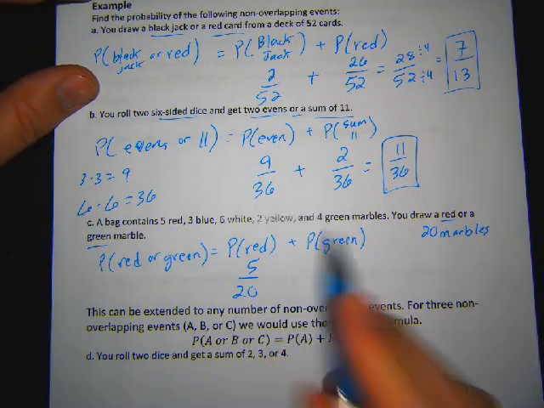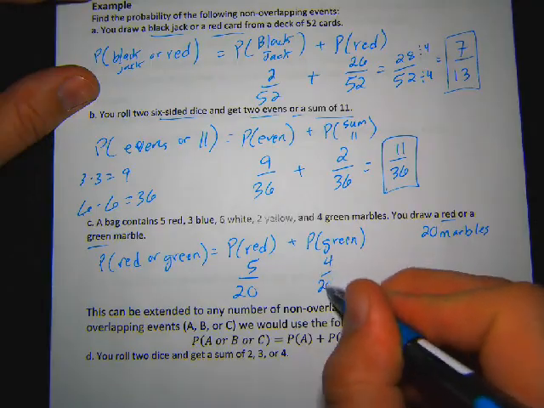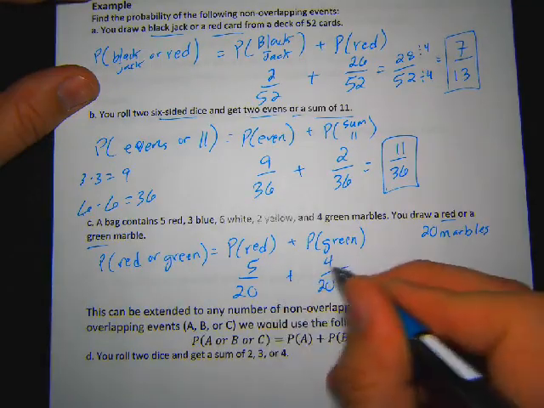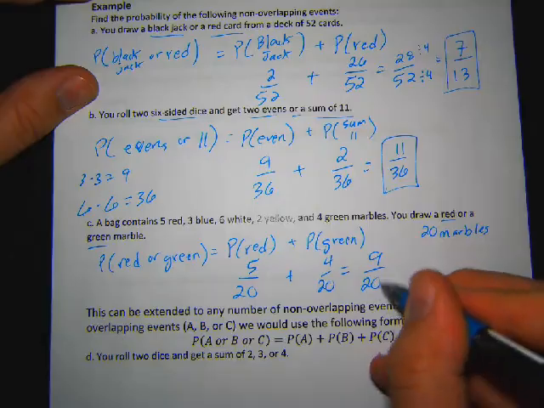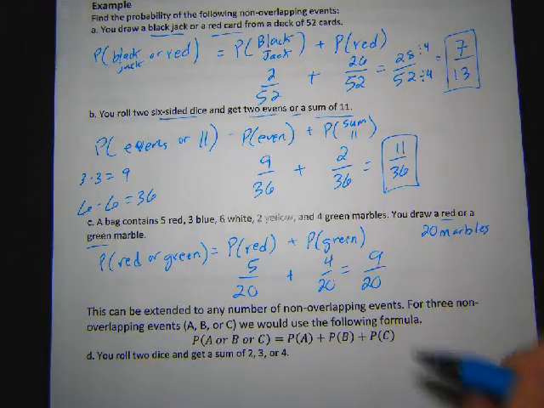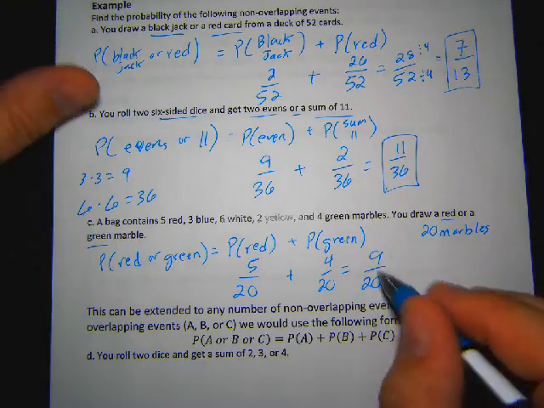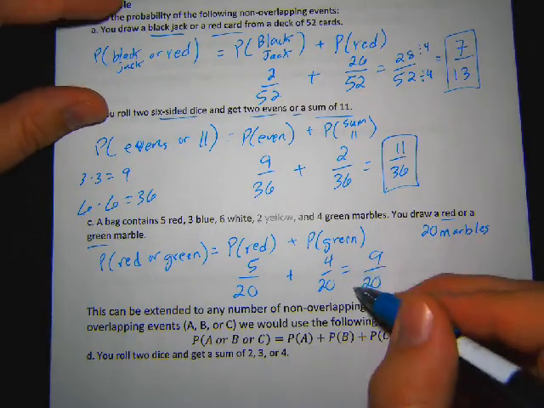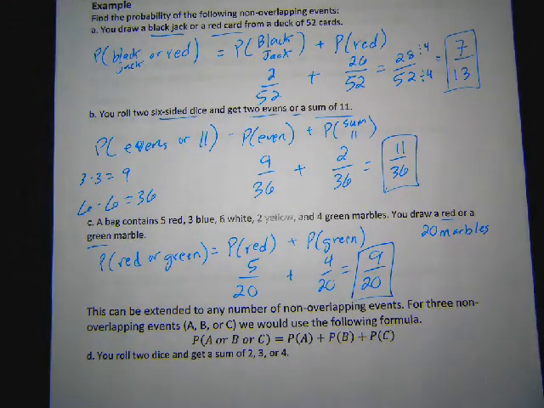Green, we have 4 out of 20 for green. Add those up. Get 5 plus 4 is 9 out of 20. And that's our answer. We can't simplify that because 9 doesn't divide by 2 or 20 doesn't divide by 3 or 9, so that's not simplifying, and that's the answer. So there's a 9 out of 20, not quite 1/2, not quite 10 out of 20, but there's a 9 out of 20 chance of getting a red or green.